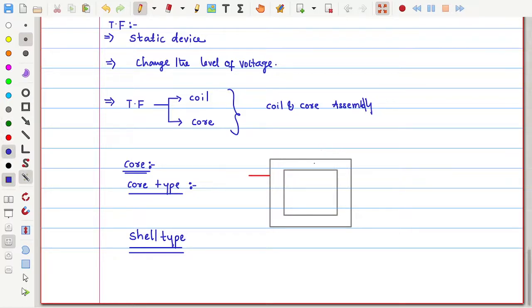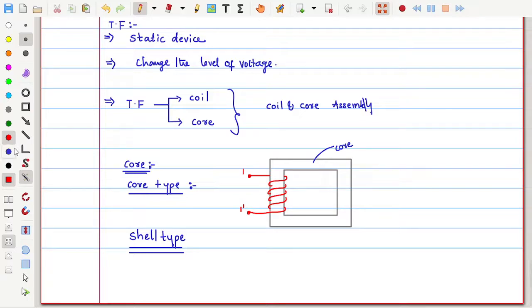This gray color item is referred to as the core. Now on top of this core, I will place a coil in this way. A coil is placed in this manner and it is extended out. This is, let us say, the one dash coil.